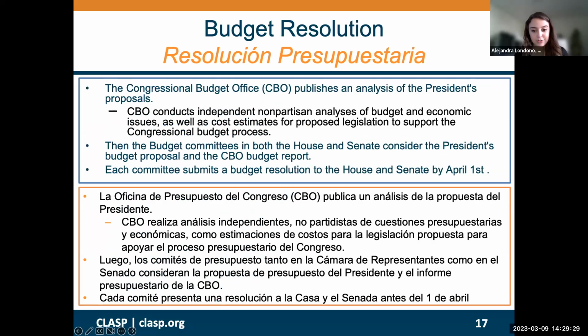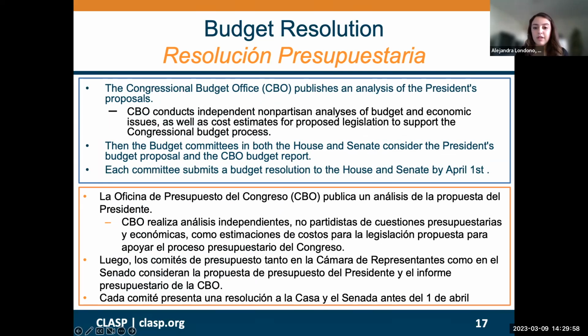The budget resolution is created after the Congressional Budget Office, or CBO, publishes an analysis of the president's proposal. The Congressional Budget Office conducts independent, nonpartisan analysis of the budget and economic issues, as well as cost estimates for proposed legislation to support the congressional budget process.